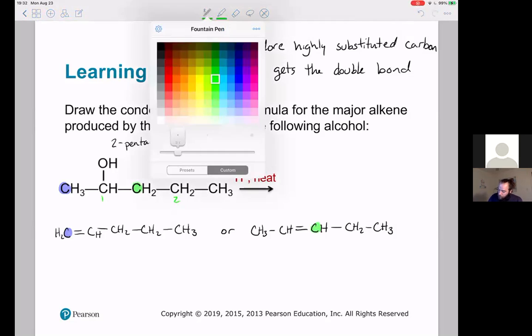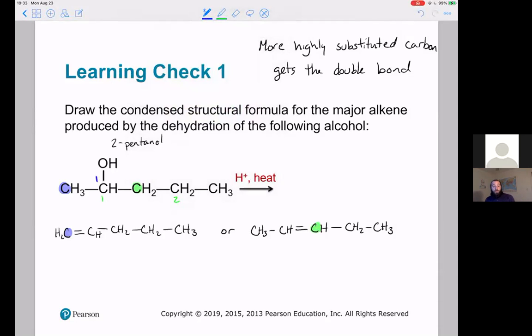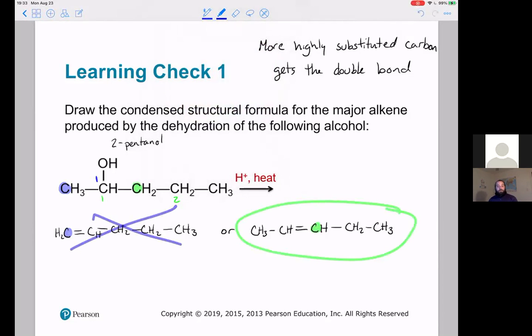My blue carbon only has 1 carbon neighbor. So the green carbon is the more highly substituted carbon. So this will be our major product. This is the minor product. We're going to focus on the major product for the most part. Anyways, you're going to have to know that there's this preference as to where your double bond goes.